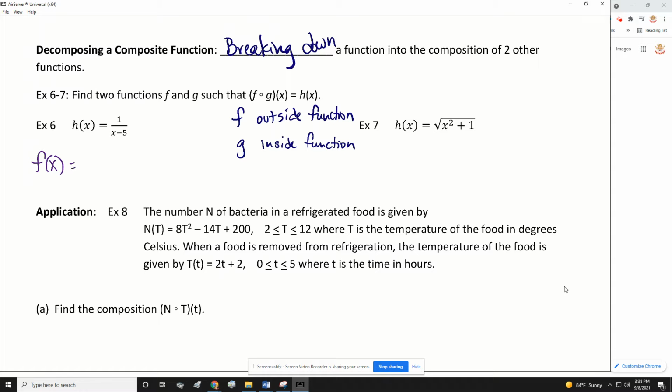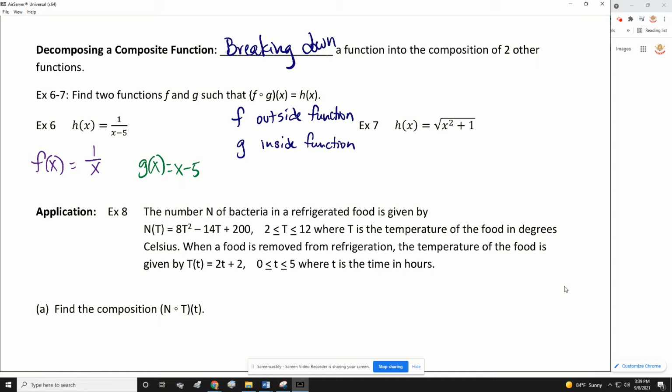So when I look at example 6, I think of the reciprocal function, which is a parent function, which is the function f of x equals 1 over x. And then when I start thinking about what I would put inside that x, my g function is going to be x minus 5. So if I do f of g of x, I would get that h of x.